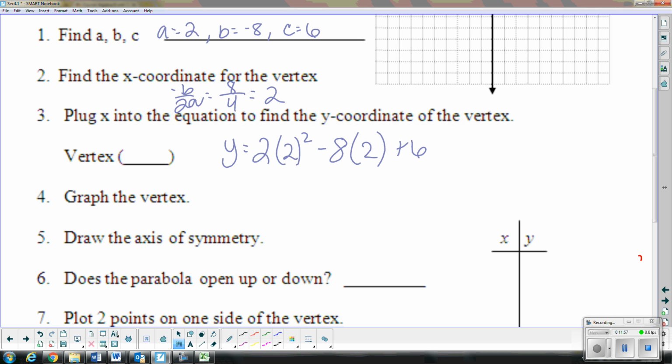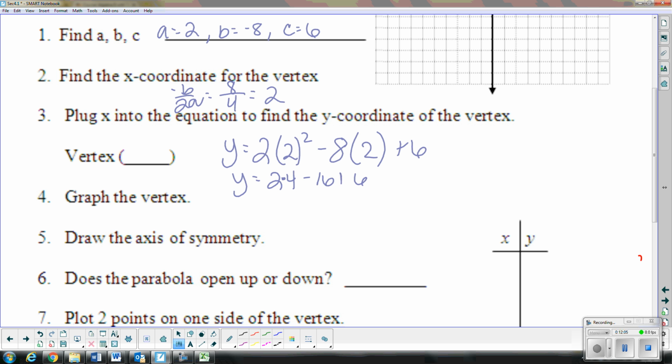So we need to find our y-coordinate. 2 times 4 minus 16 plus 6. So that's negative 8 plus 6, which is negative 2. So our vertex now is 2, negative 2.